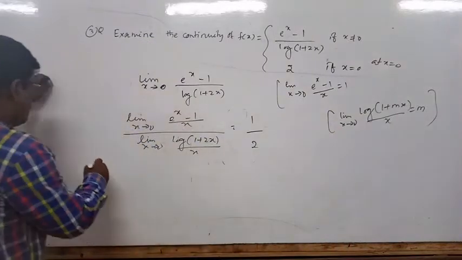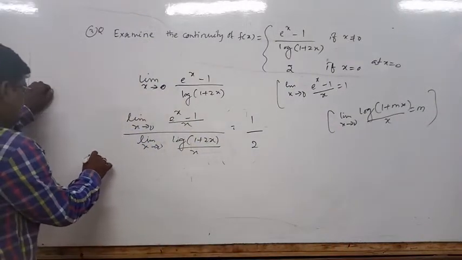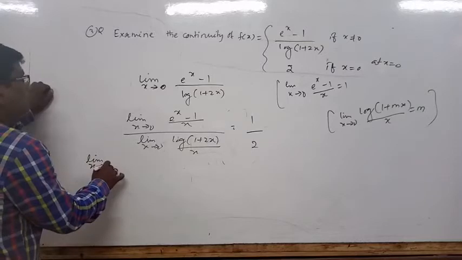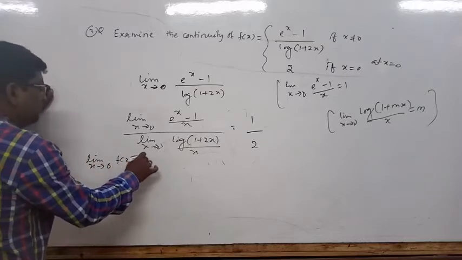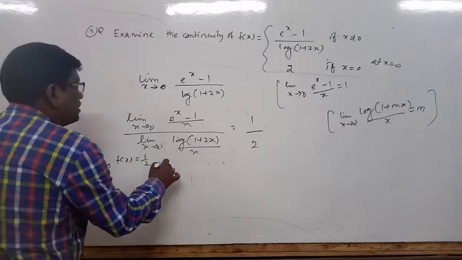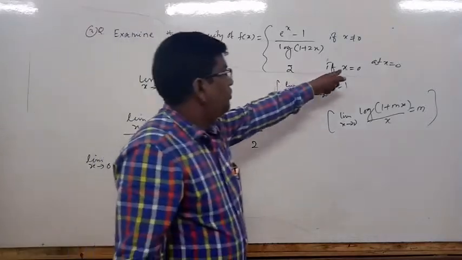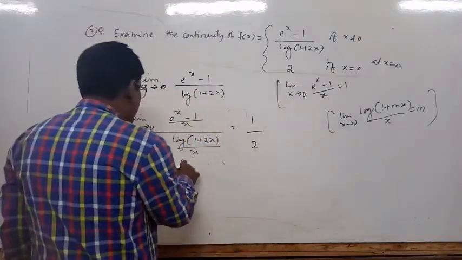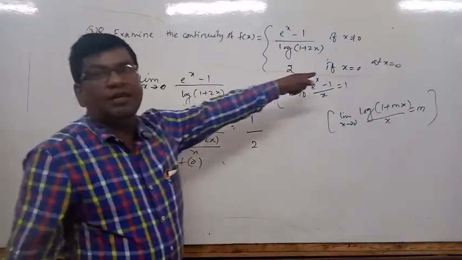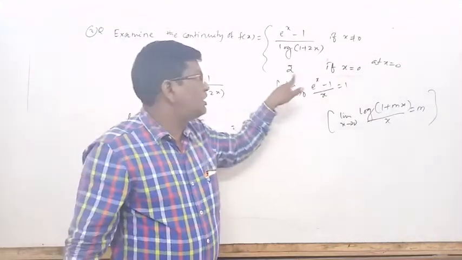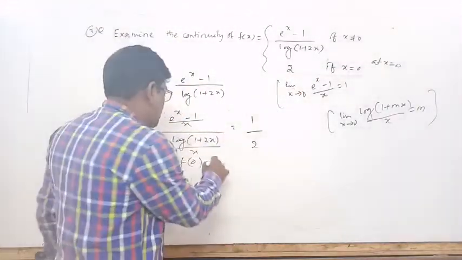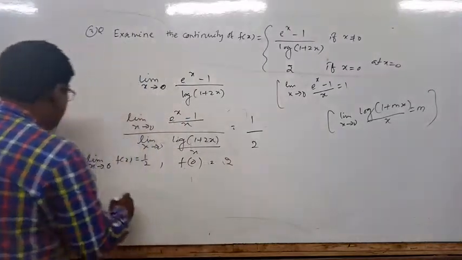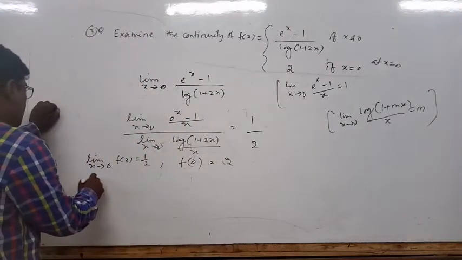Limiting value, limit x tends to 0 f of x, is equal to 1 by 2. But functional value, f of 0, is equal to what? When x is equal to 0, the functional value is 2. Here limiting value is not equal to functional value.